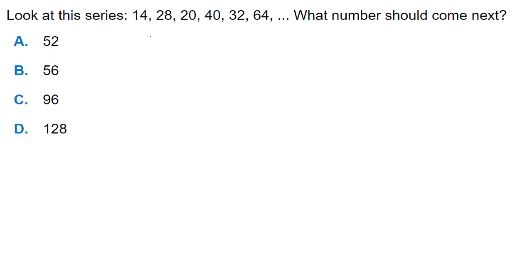करेक्ट. सो इफ यू सी इट वेरी केयरफुली, 14 से 28 जो है वो मल्टीप्लाई बाई 2 है. फिर 20 से 40 जो है वो मल्टीप्लाई बाई 2, 32 to 64 is multiplied by 2.